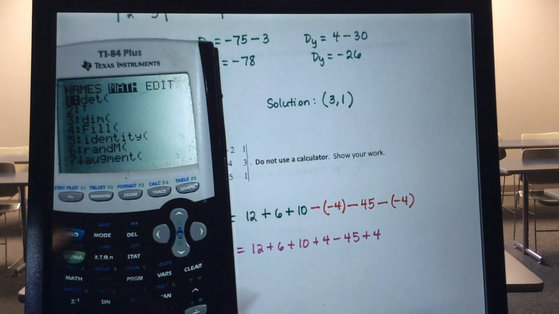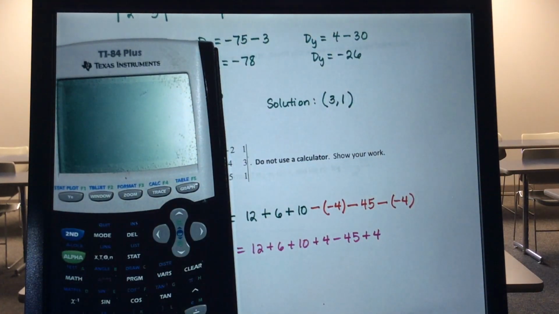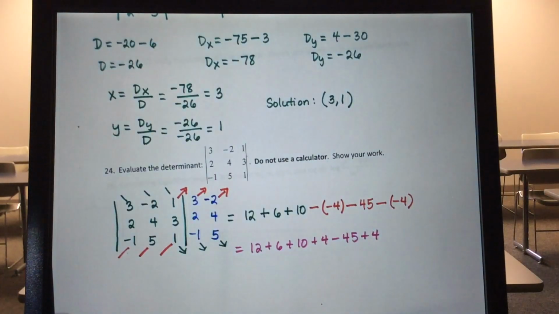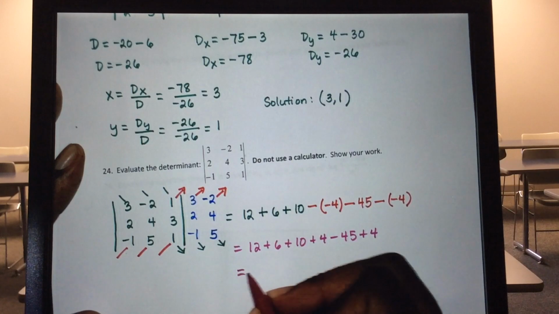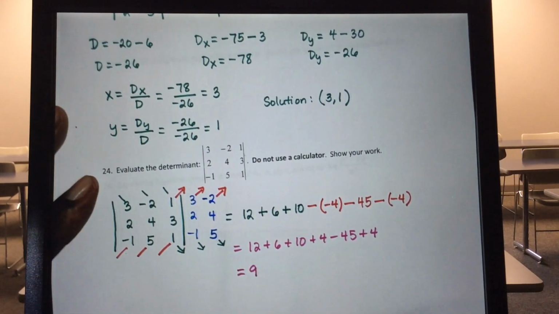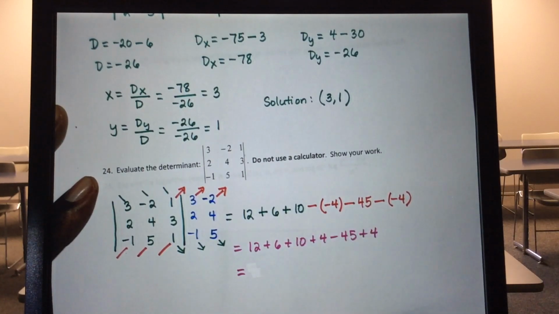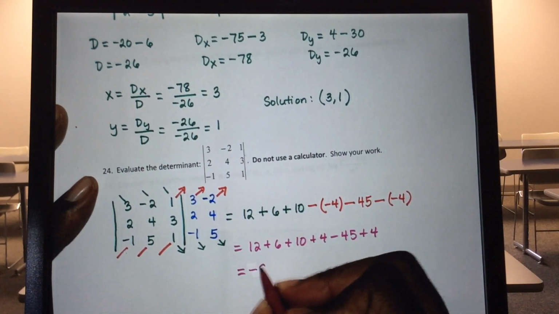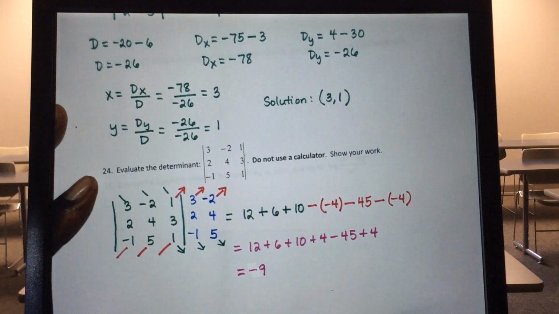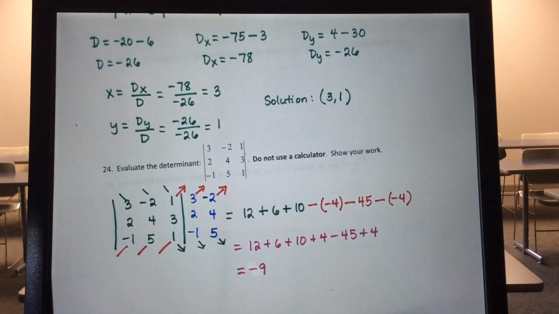So if I was to enter this as 12 plus 6 plus 10 plus 4 minus 45 plus 4, I'm going to end up with negative 9. So the determinant of that 3 by 3 matrix would be negative 9. I left out the negative. Okay. So that's how we find the determinant of a 3 by 3 matrix.